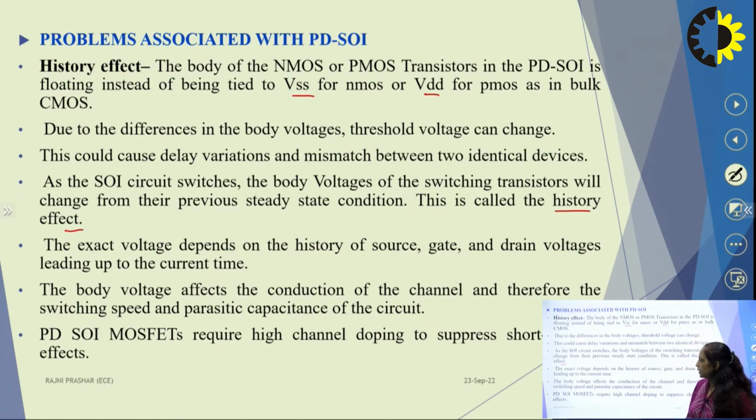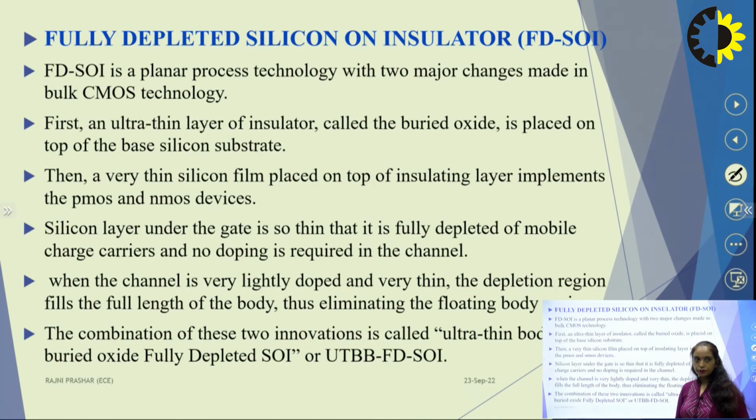The exact voltage depends on the history of the source, gate, and drain voltage leading up to the current time, and the body voltage affects the conduction of the channel, and therefore the switching speed and the parasitic capacitance of the complete device is also affected. And lastly, in case of PDSOI, your MOSFETs need a very high channel doping to suppress the short channel effects.